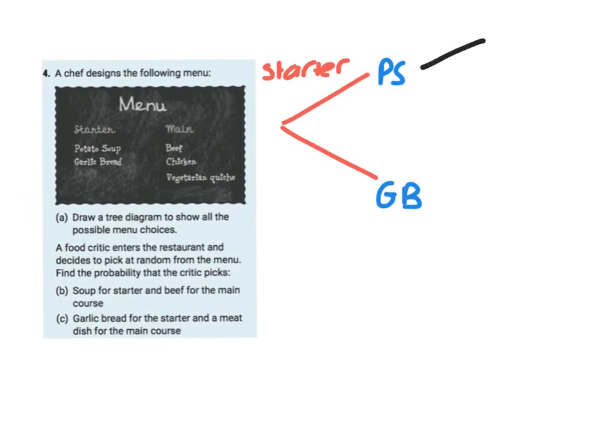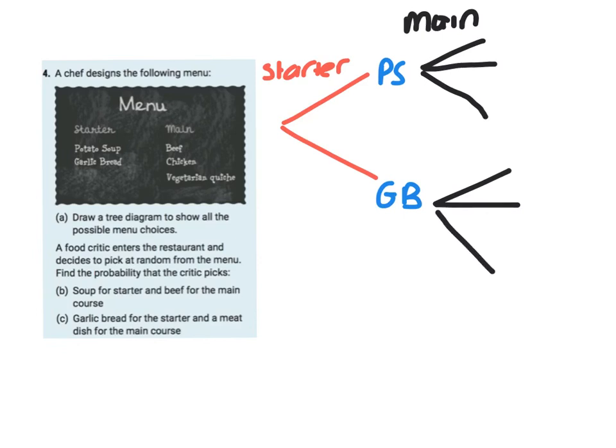So how many options do I have for main? Beef, chicken, and vegetarian quiche. So 3. I'm going to write main up here. And also, for garlic bread as well, if they chose garlic bread, they'd also have the option of choosing beef, chicken, or vegetarian quiche.